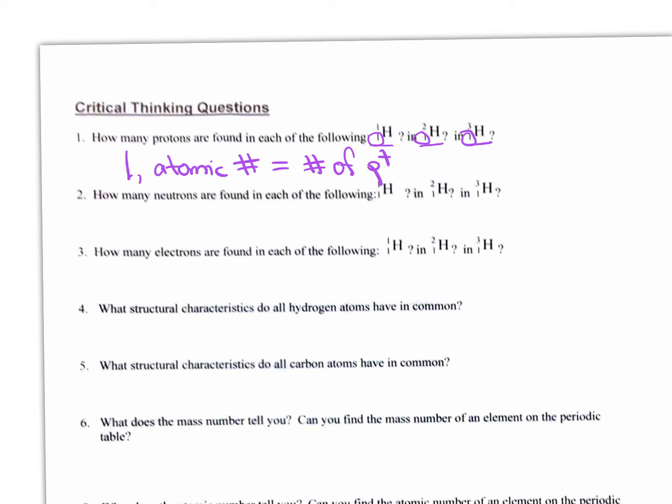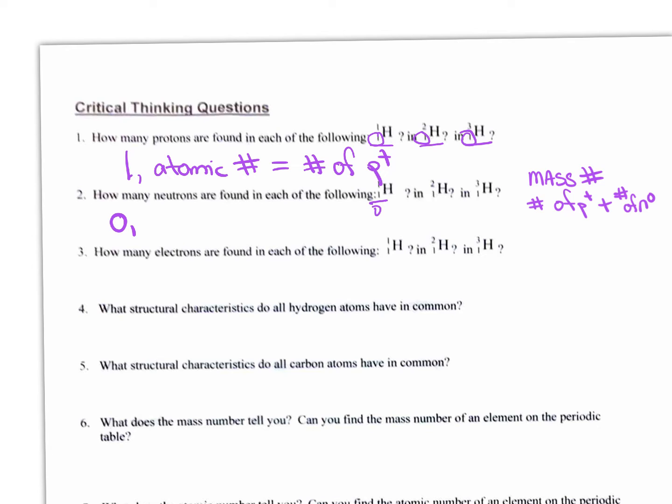All right, and then it says how many neutrons are found in each of the following. Okay, so the top number is my mass number. The mass number is the number of protons plus the number of neutrons. So that's 1 up there and 1 down there, so 1 minus 1 is 0. The first one has 0.